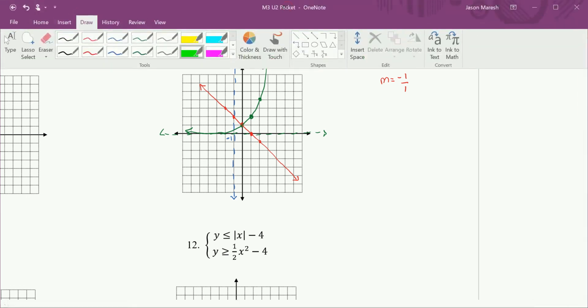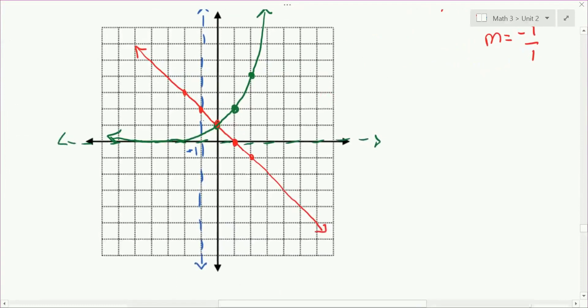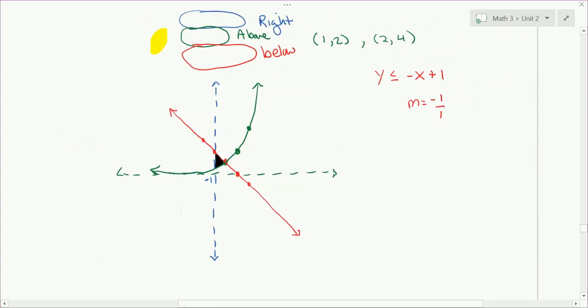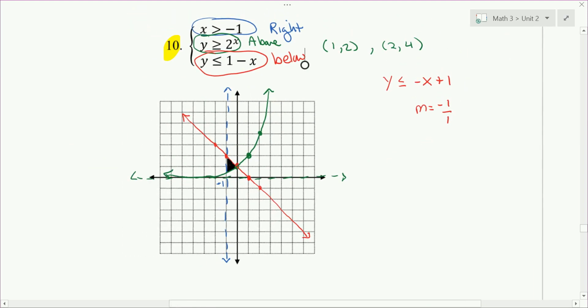So we have a small area that this covers, right in here. So this is to the right of the blue, it's above the green, and below the red. And then we're done.